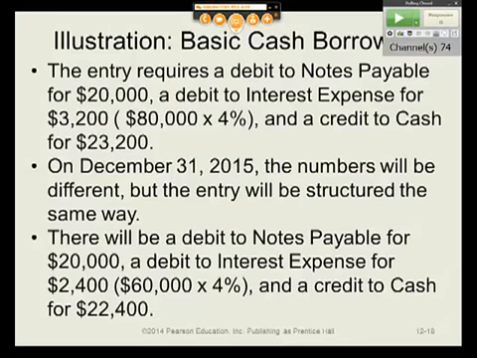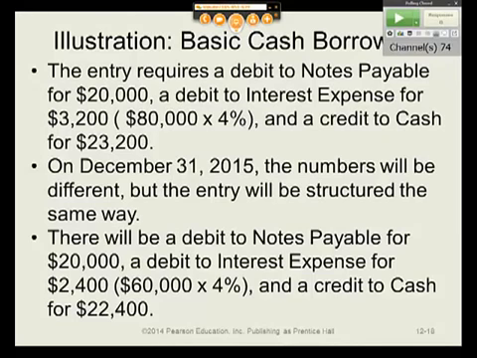Now, what would be the entry? Let's take the entries for those 2 years. The first entry is 12/31/14. Second entry is 12/31/15. So what would be the entry for the first bullet? What would you need for the first bullet point? Okay, you got a $20,000 payment, so you debit notes payable, you debit interest expense, and you credit cash.